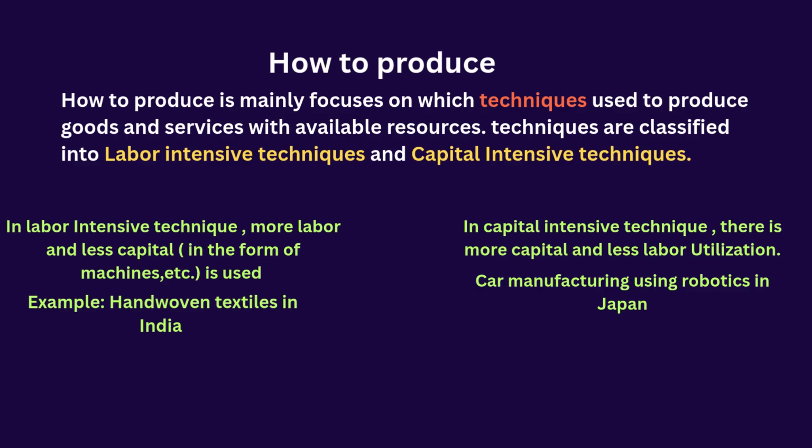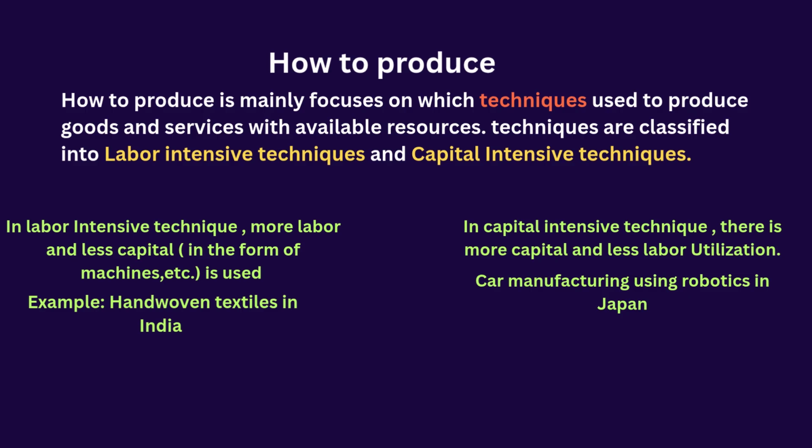So how to produce, here look into the slide. It mainly focuses on which technique is used to produce goods and services with available resources. Techniques are classified into labor intensive technique and capital intensive technique. See, in labor intensive technique, there is more labor and less capital in the form of machines.